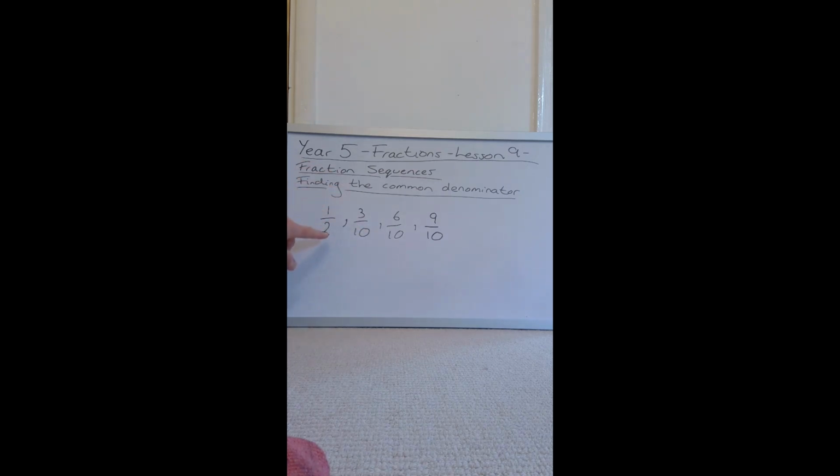In this case, I am going to multiply up my halves into tenths. So to do that, I need to look at my denominator, my half, and think about how many times 2 goes into 10. Using my knowledge of times tables, I know that 2 goes into 10 5 times.